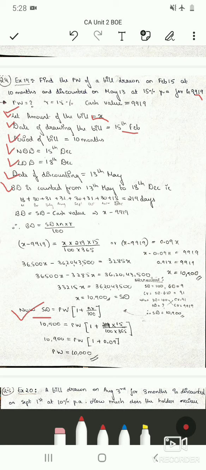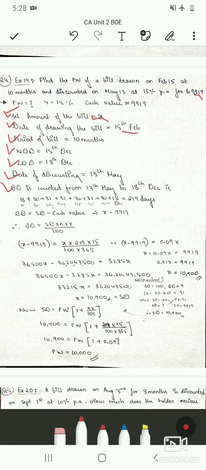We know sum due now, n is known, r is known, so only unknown quantity is the present worth. So present worth will be 10,000. I am not explaining simplification because we have solved enough problems on these. So for this question, present worth is 10,000.